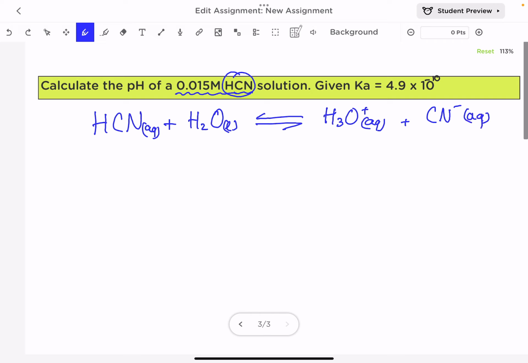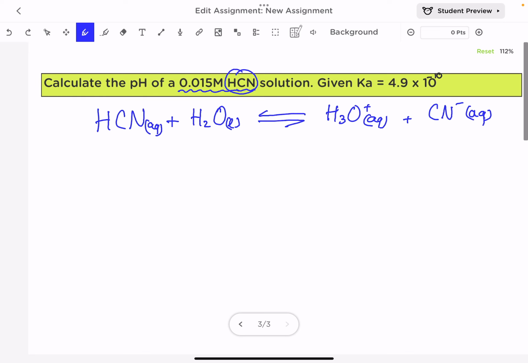In this case, I am not able to say that this 0.015 molar is completely equal to the concentration of H3O+, and this is why here we need to do the ICE table in order to see how much of this molarity given to us is going to form H3O+. I stands for initial, C stands for change, and E stands for the equilibrium established.